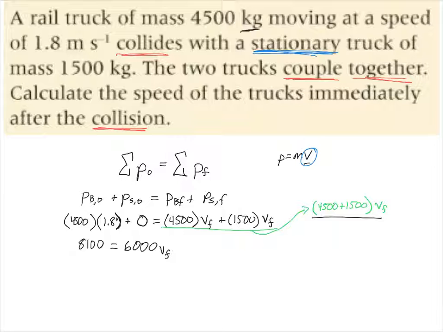So we go ahead and divide by our 6,000, and we get our final answer of 1.35. Please put the units on there. Meters per second is my final velocity. And there we go. We've answered the question.